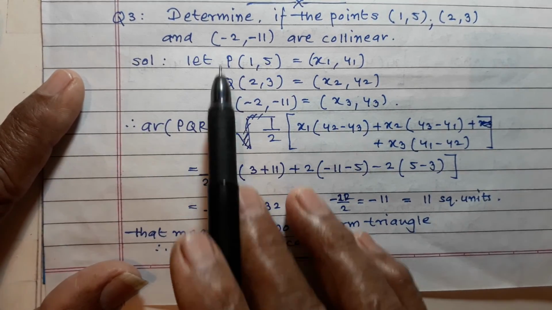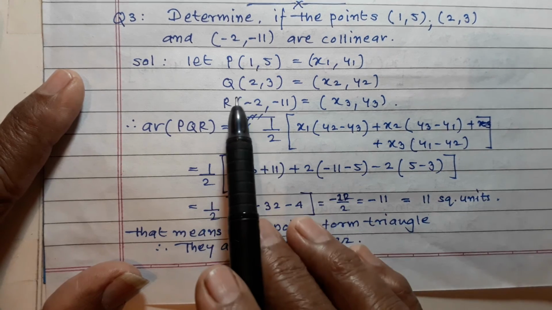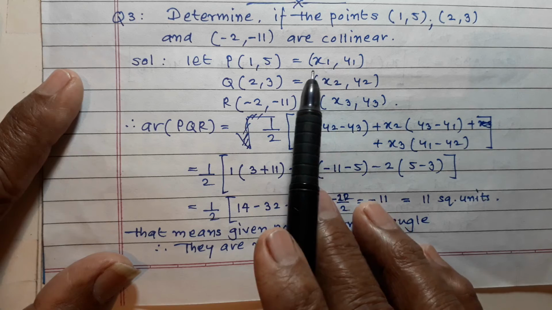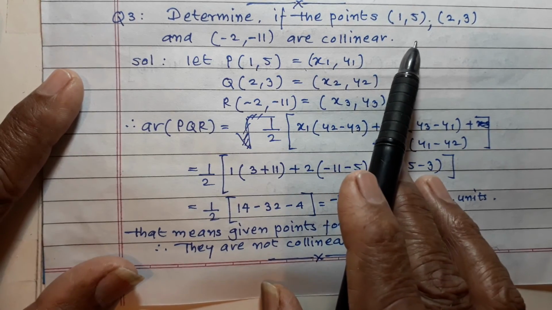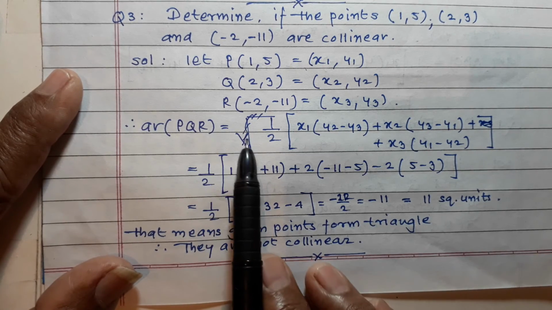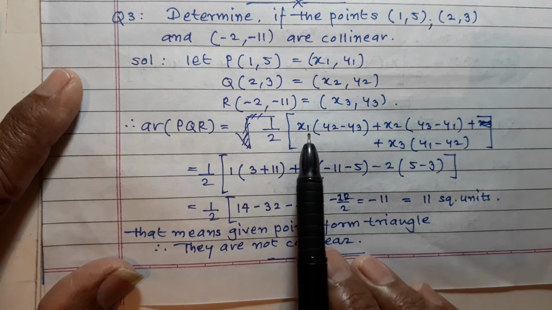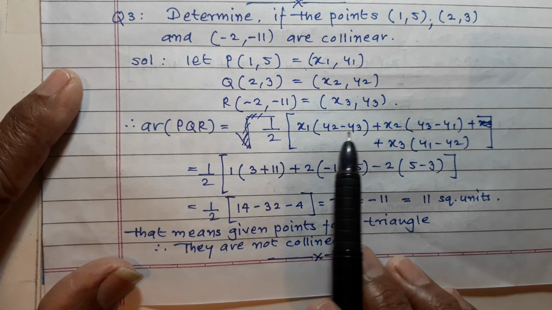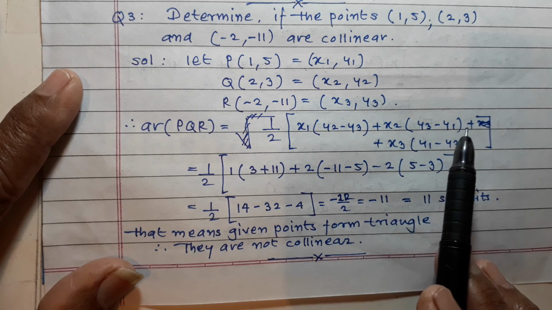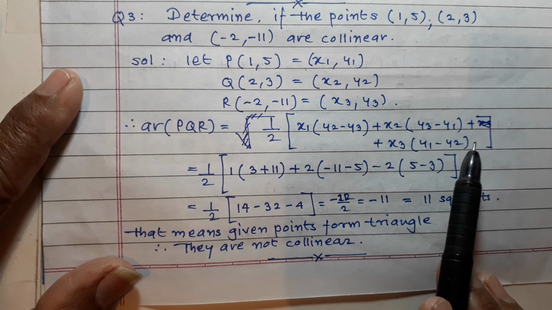Then I find the area of this triangle. If these 3 points form a triangle, then these three are not collinear. Okay, so therefore area of PQR is equal to 1 upon 2 into bracket, formula: x1 into bracket (y2 - y3) plus x2 into bracket (y3 - y1) plus x3 into bracket (y1 - y2).